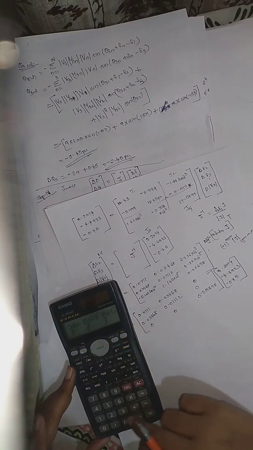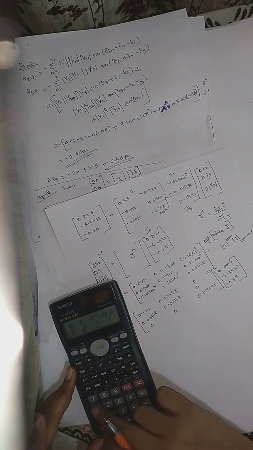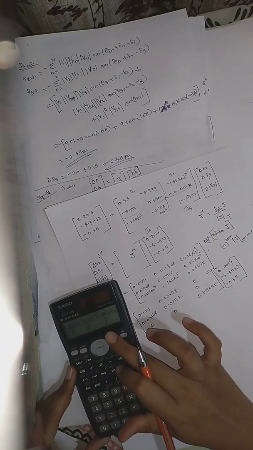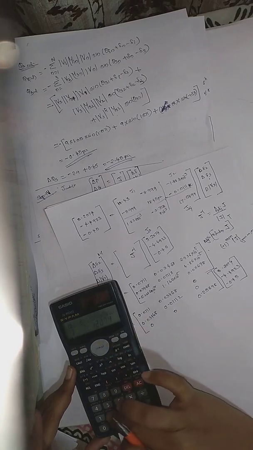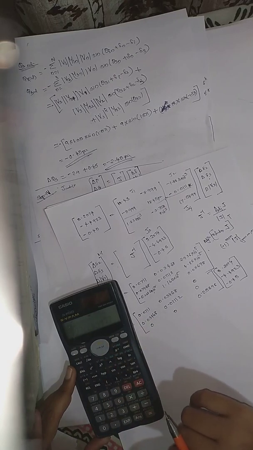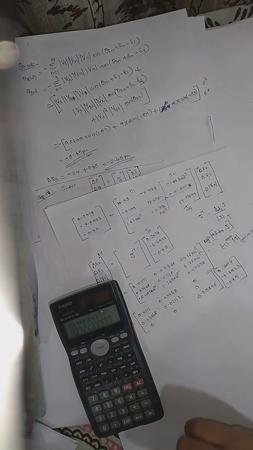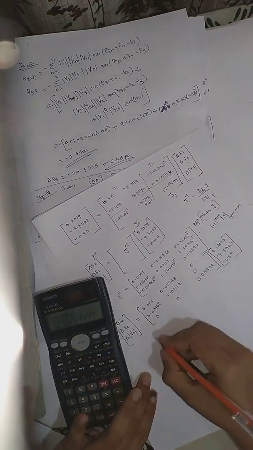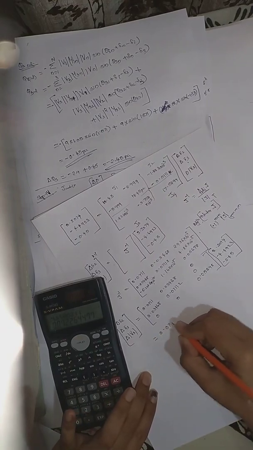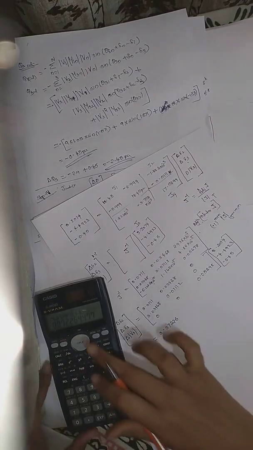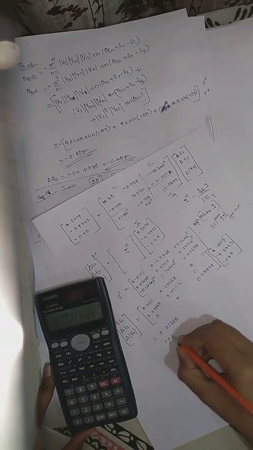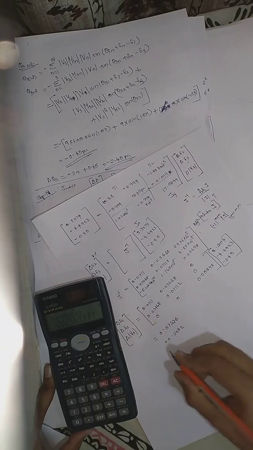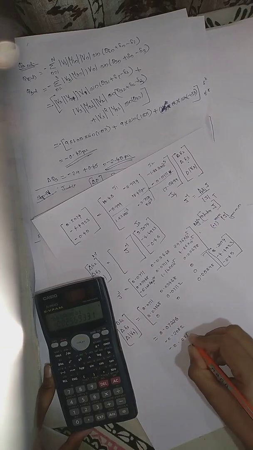Okay, next I will do shift matrix, the first matrix into the second matrix, and I get the value 0.07226, minus 0.2082, and minus 0.0256.